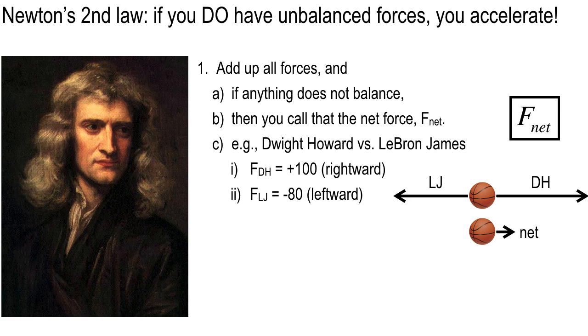So let's denote that leftward force as a negative 80. All right? You add those two up. So 100 plus a negative 80 is positive 20. So the net force is 20 metric units of force to the right.